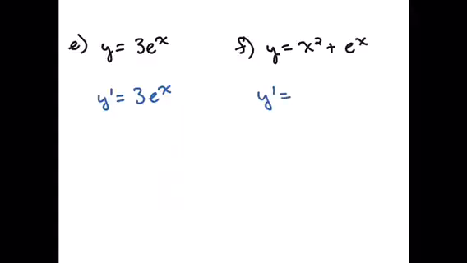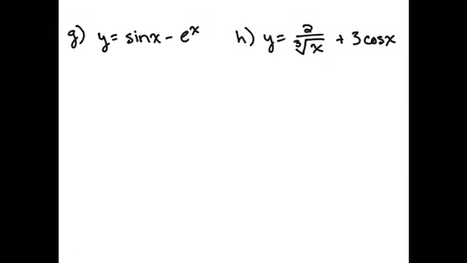The derivative of x squared is 2x, and the derivative of e to the x is e to the x. Okay, now we have sine x minus e to the x. So the derivative of sine x is cosine x, and we're subtracting the derivative of e to the x, which is e to the x.